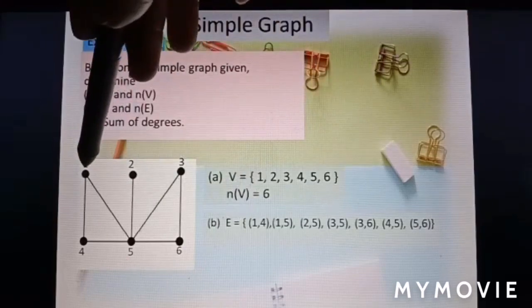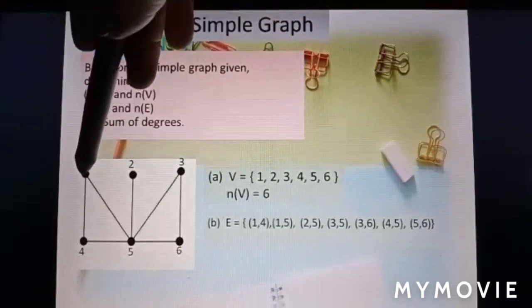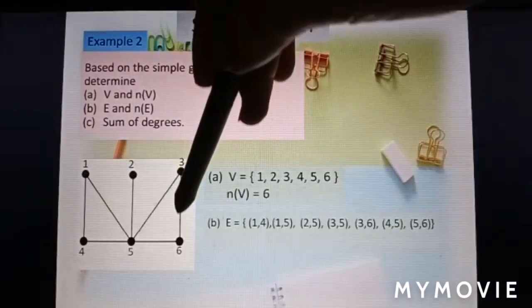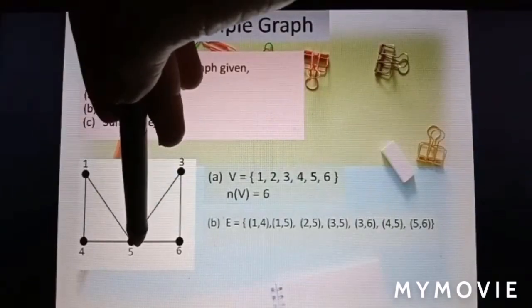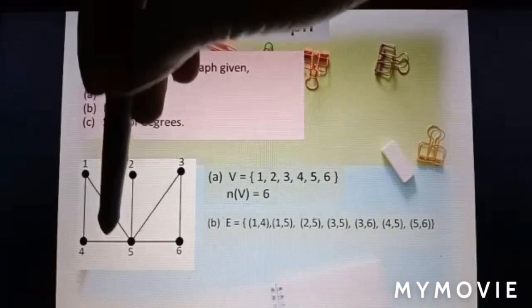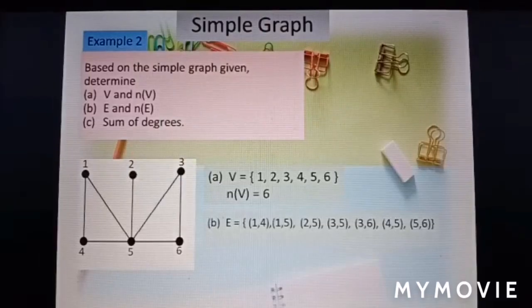Set of edges, we have 1,4, 1,5, 2,5, 3,5, 3,6, 4,5 and 5,6. So how many altogether? 1, 2, 3, 4, 5, 6, 7. So number of edges is 7.